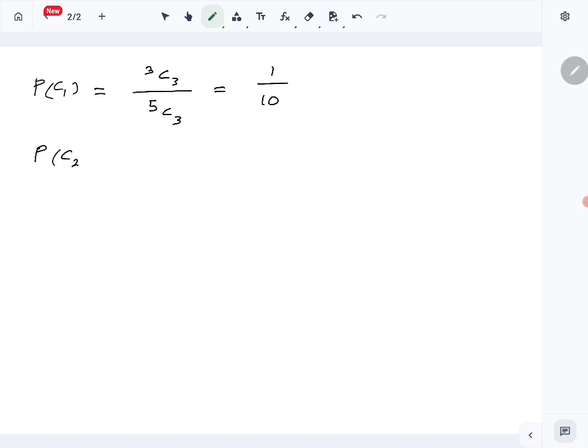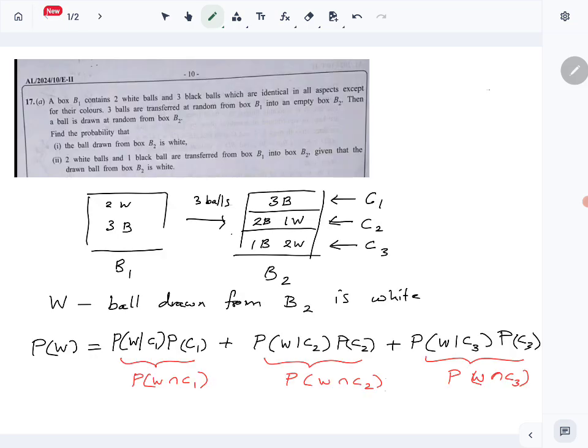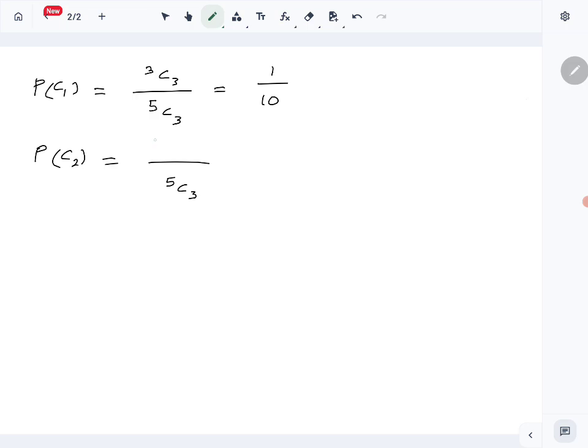Then let's figure out probability of case 2. Again, total number of ways we can pick 3 balls from 5 is 5C3. Here we want 2 black and 1 white. There are 3 black balls, so we need 2 of them times 1 white. So this is going to be 3 times 2 over 10, or 6 over 10.